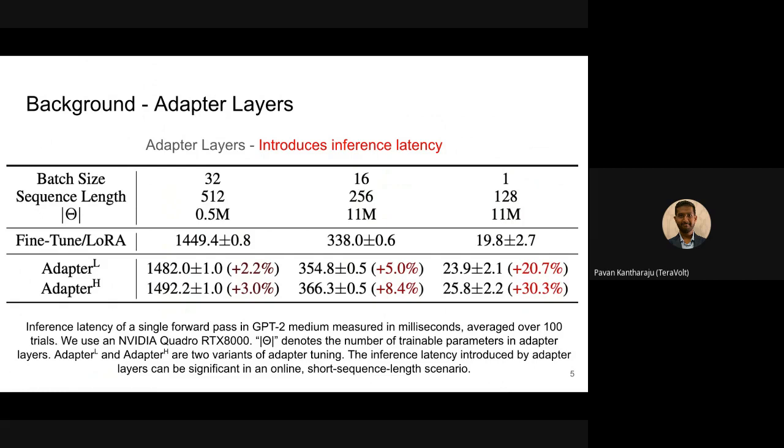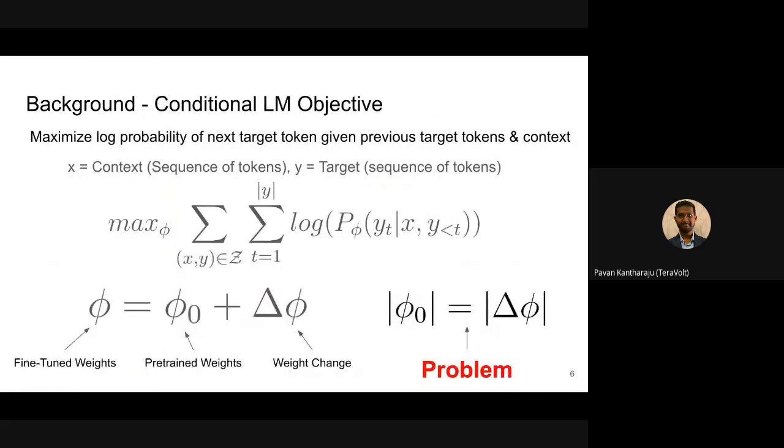So finally, before we officially go into what LoRA is, the paper does provide some explanation as to the issues with fine-tuning large language models. If you have your conditional language modeling objective, the idea here is that you want to find a set of fine-tuned weights given your pre-trained weights, and essentially you have this weight change from the pre-trained weights to fine-tuned weights. The problem is that the dimension of the pre-trained weights is the same as the dimension of the weight change.